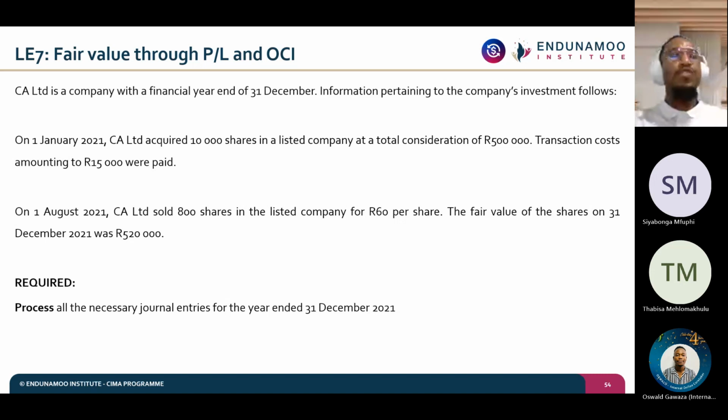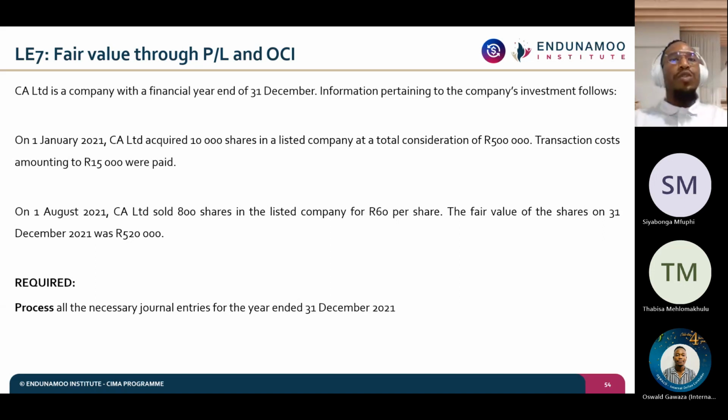On the 1st of August 2021, CA Limited sold 800 of the shares in the listed company for 60 Rand per share. The fair value of the shares on the 31st of December 2021 was 520,000. The required said we need to process all the journal entries for the year ended 31 December 2021.